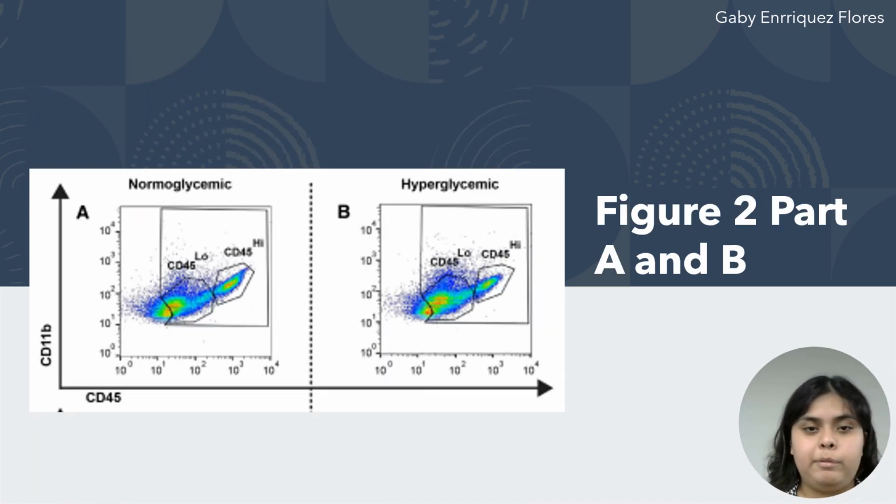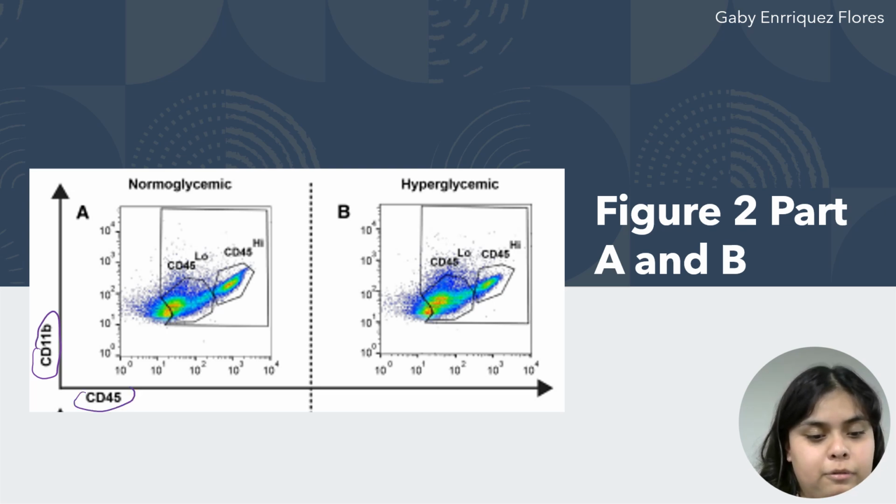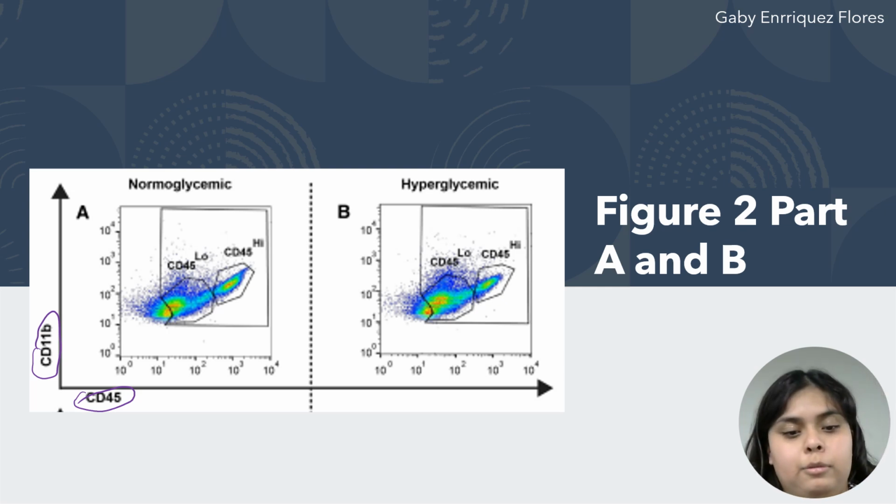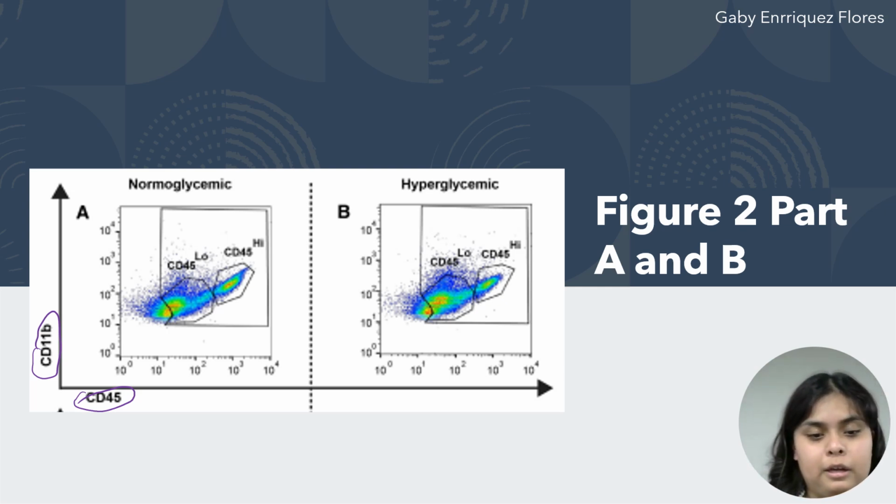So like I said, we'll be breaking this apart so then we can get a better understanding of this. So right here, I explained before. For parts A and B of figure 2, we have CD11B and CD45, and we're comparing the two when it comes to normal glycemic and hyperglycemic conditions.